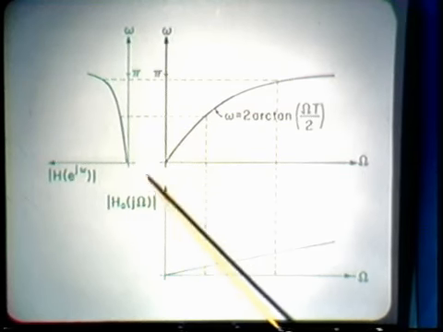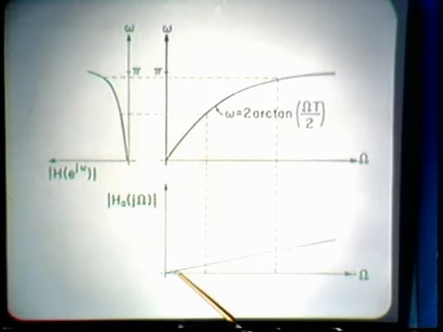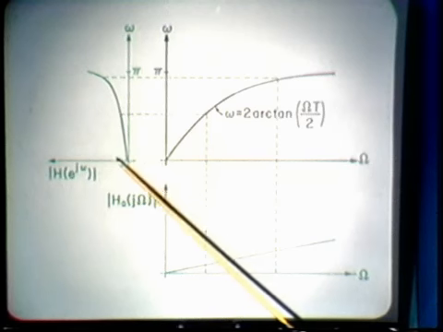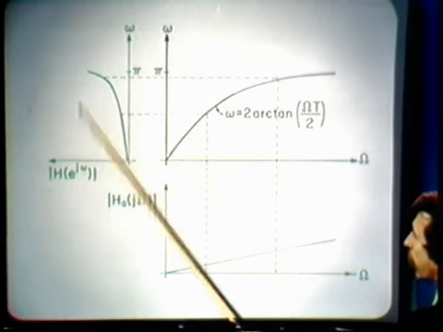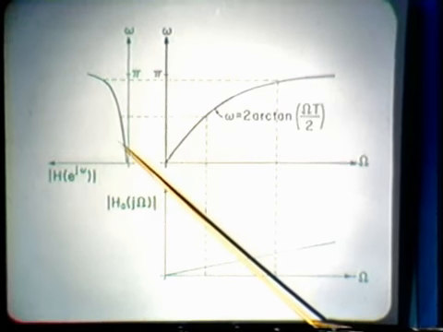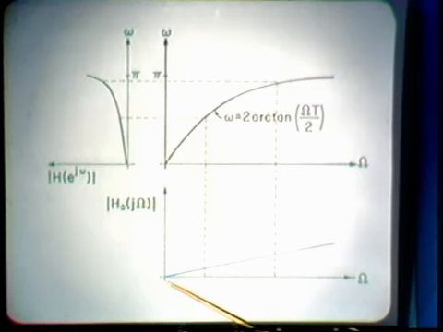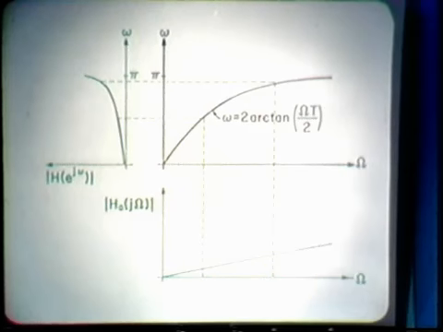Now, if it happened that this was the kind of frequency response that we wanted, we could get that from an analog differentiator. But more typically, what we might be interested in is a digital differentiator which would have, say, a linear frequency characteristic. And one of the important aspects of the bilinear transformation is that we couldn't design that by mapping over an analog differentiator to a digital differentiator using the bilinear transformation.